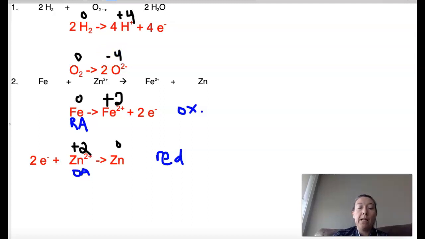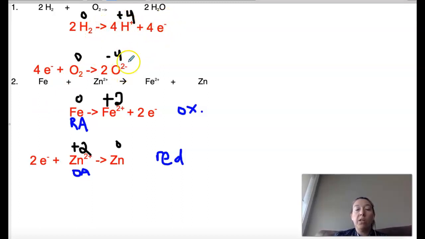Okay, so to balance those charges, because I have 0 and -4, I'm going to have to add 4 electrons over on this side, right? So that 0 plus -4 is going to add up to -4, which is the same as this side. So they're on opposite sides. They are also identical numbers, which should always happen. If it's not, something's gone wrong.